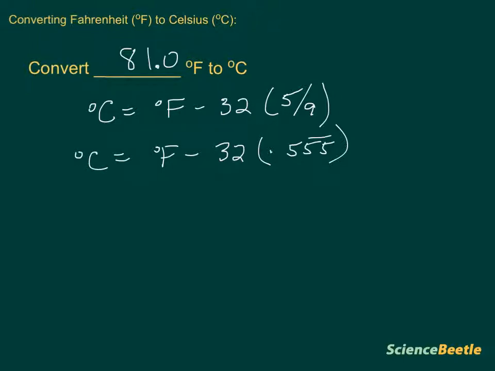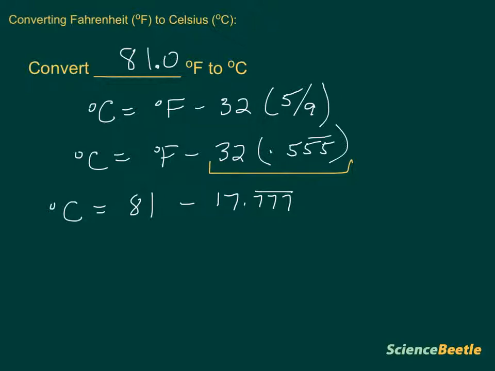Let's resolve the parentheses again, taking 32, multiplying it times 0.5555, and what we get there is going to be 17.777 repeating, and we're going to subtract, but remember now we're going to substitute the F in here, the degrees Fahrenheit. We already know it's 81 degrees, and so we'll rewrite the equation like this.